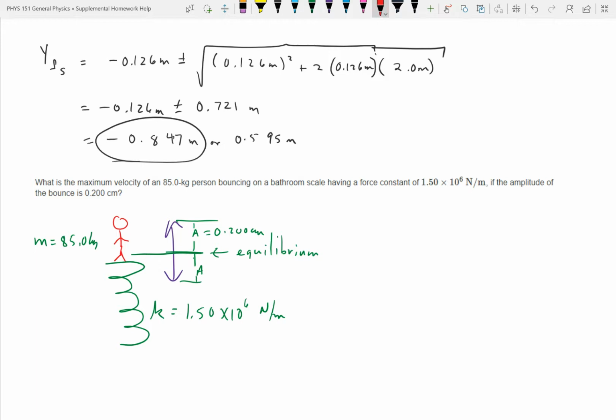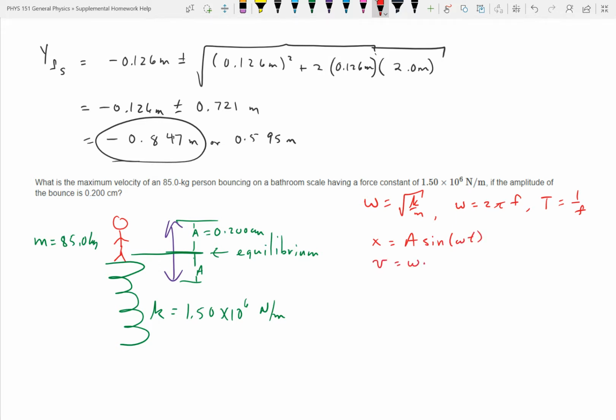So equations that are involved with these, we had omega equals the square root of K over M. We had frequency, well, omega is equal to 2 pi f, so we had period is equal to 1 over f. We had x is equal to amplitude A sine of omega t.